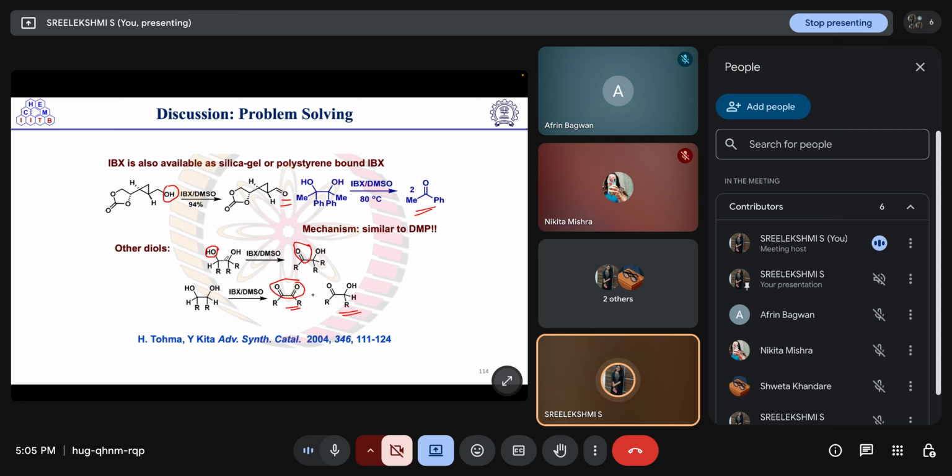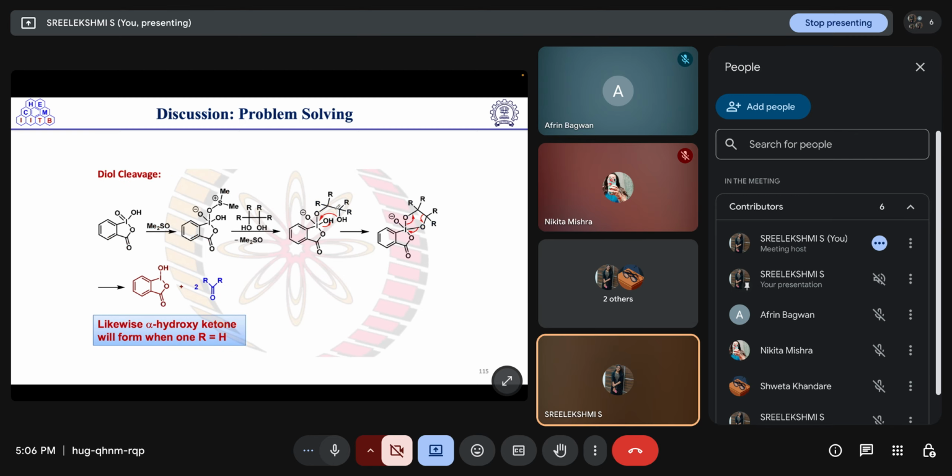Why is only this particular alcohol converted into the ketone? It is because of this proton. Here there are no such protons available, so that alcohol remains intact, while the alcohol having an alpha proton gets oxidized.